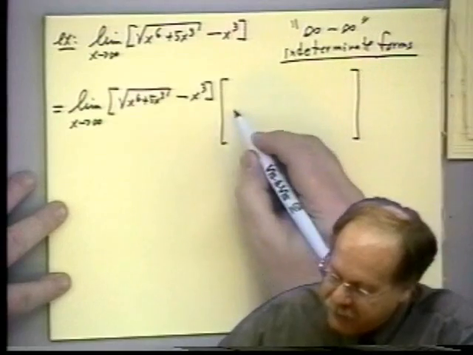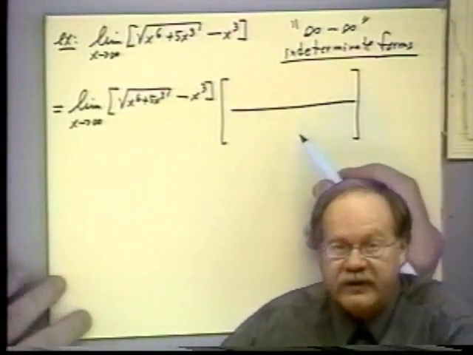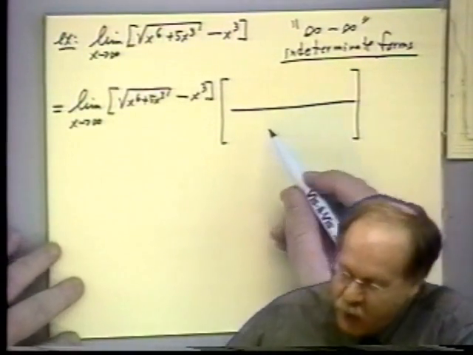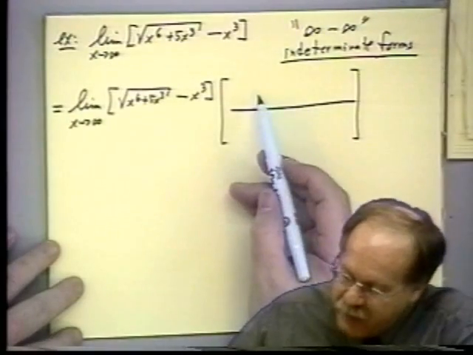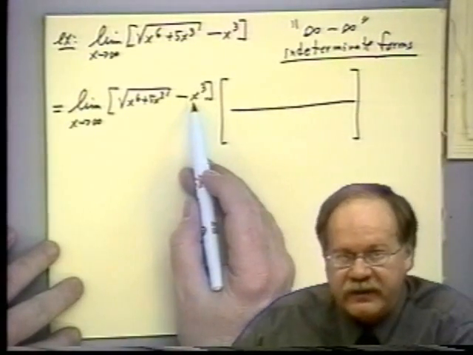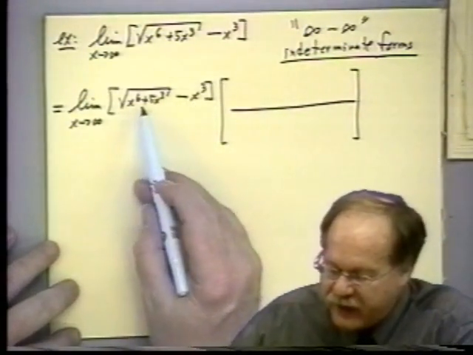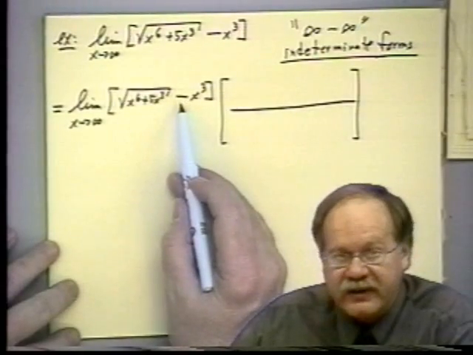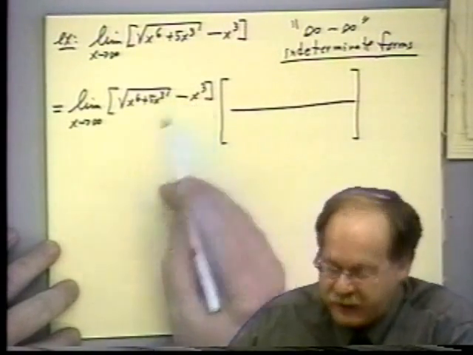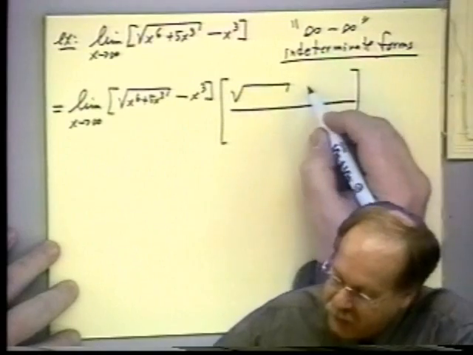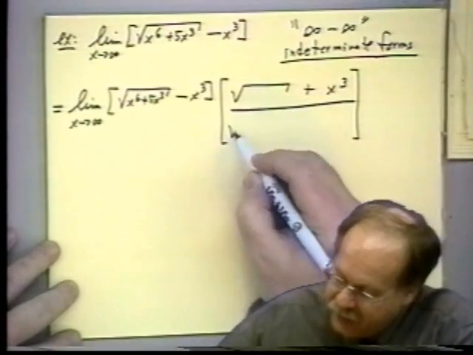And now I will multiply top and bottom by the same thing, so the net result is multiplying by the number 1. What will I multiply by? I will multiply by what's called the conjugate of this expression. That is to say, this square root plus x cubed is the conjugate. And so I will multiply by that.